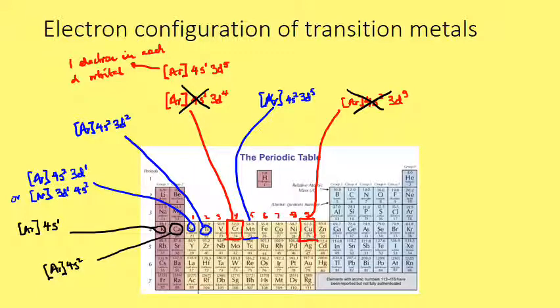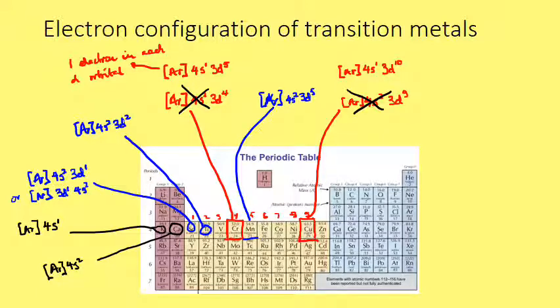So let's write out what does happen. We've still got the argon electron configuration, and what does happen is one of these 4s electrons jumps out again. So you only have 1 left there, and that gives you 3d10.